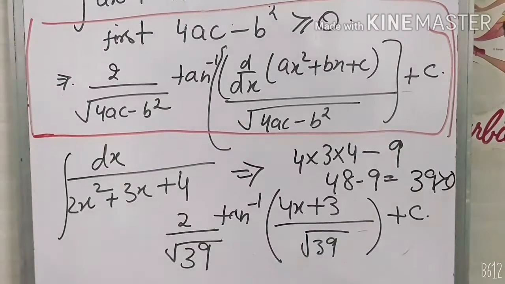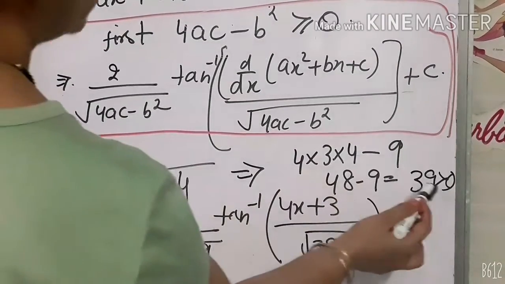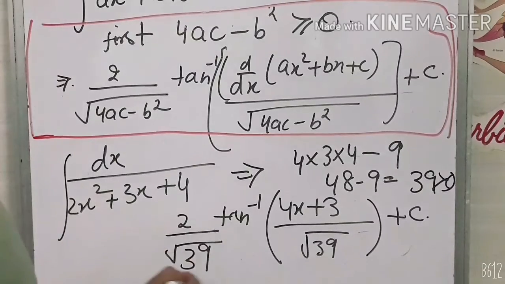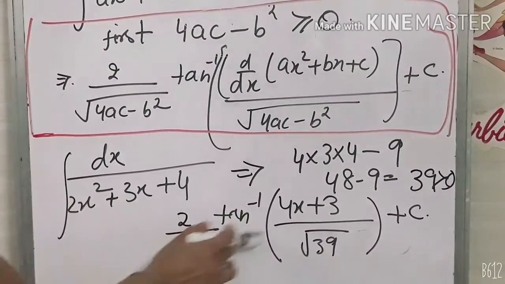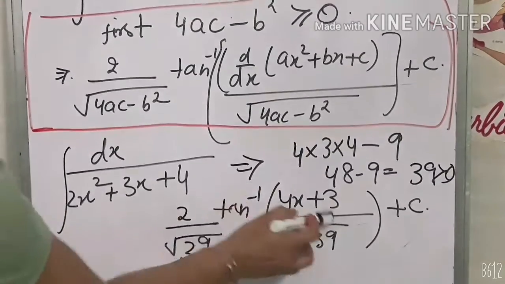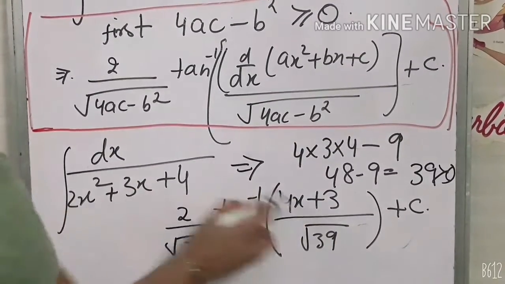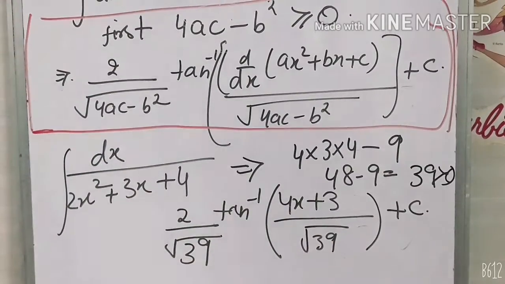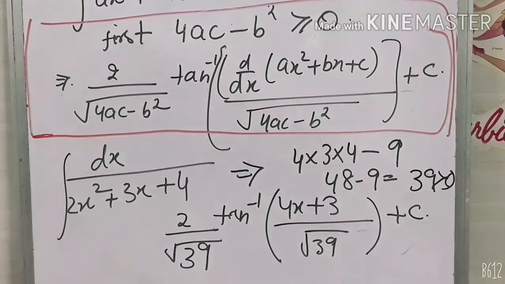This means that I will check it once whether 4ac minus b square is coming greater than 0 or not. I checked it. Yes, it is. So I can do this form, that is 2 by under root of 39 tan inverse of 4x plus 3 by under root of 39, differentiation I did it, 2x square ka 4x, 3x ka 3, plus c. This is your answer.